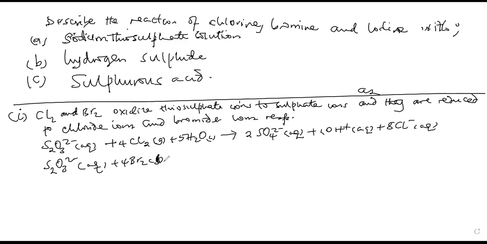Bromine is a liquid, not a gas, so we form sulfate and hydrogen ions.